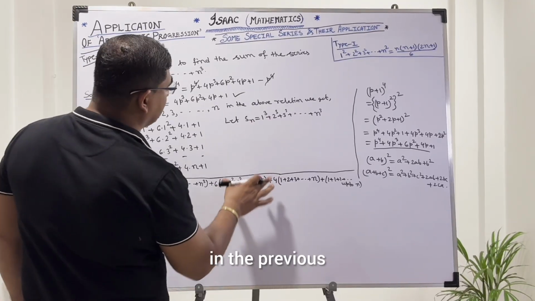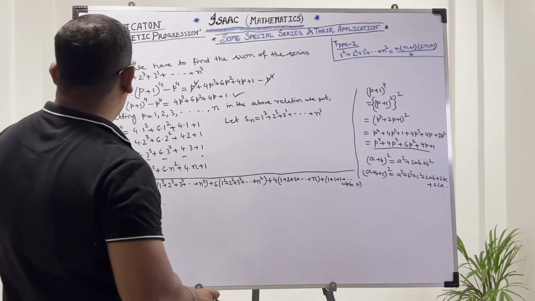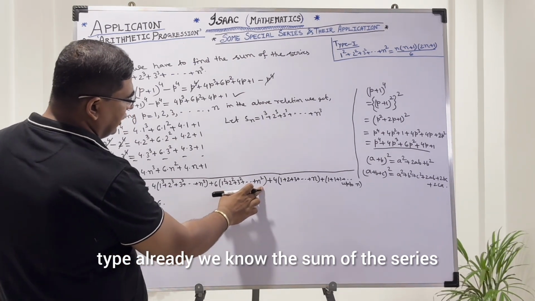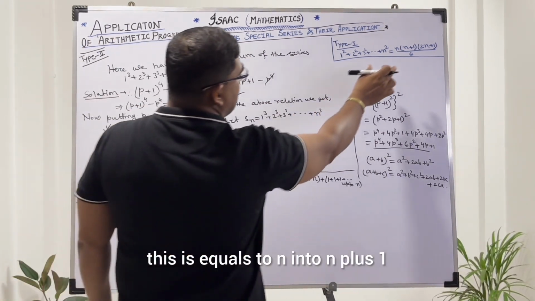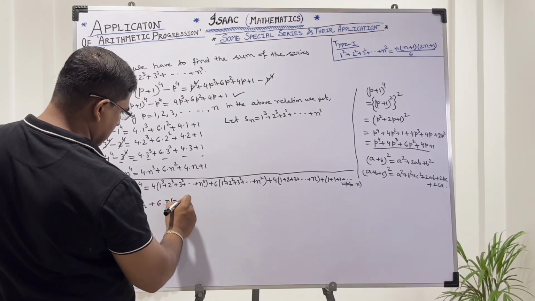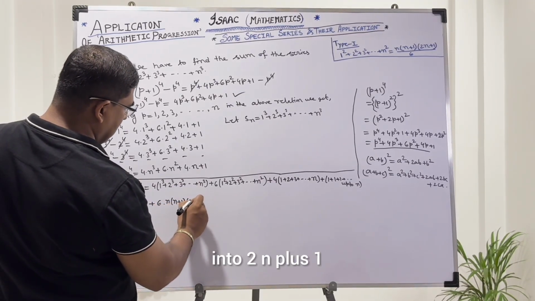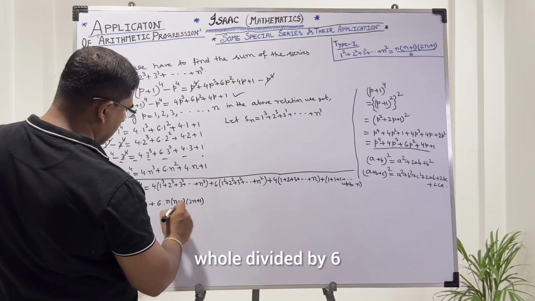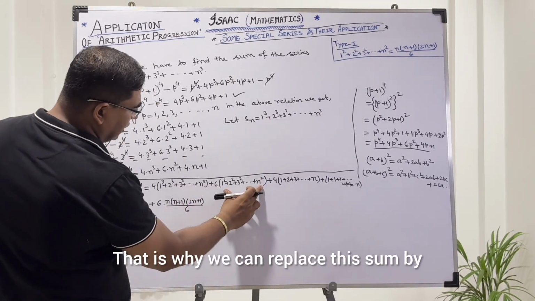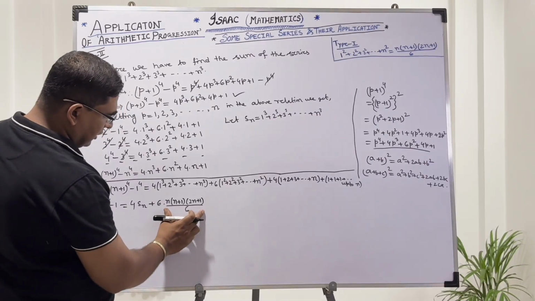In the previous type, we already know the sum of this series. This is equal to n(n+1)(2n+1)/6. That is why we can replace this sum by this value.